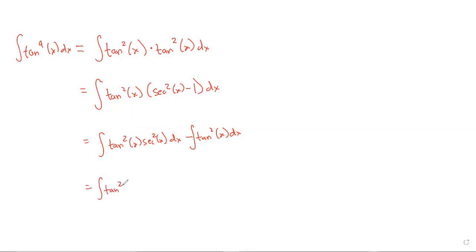So we have tangent squared x secant squared x dx minus secant squared x minus 1 dx.